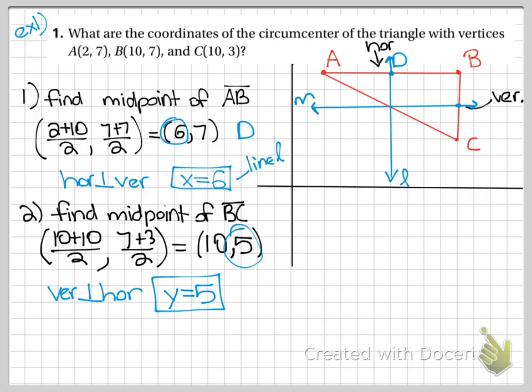The place where M and L meet, where they intersect each other, that's going to be the circumcenter of your triangle. So here, the point of intersection is your circumcenter. Here we had a right triangle, so it made it a little bit easier for us. If it wasn't a right triangle, it would be slightly harder.